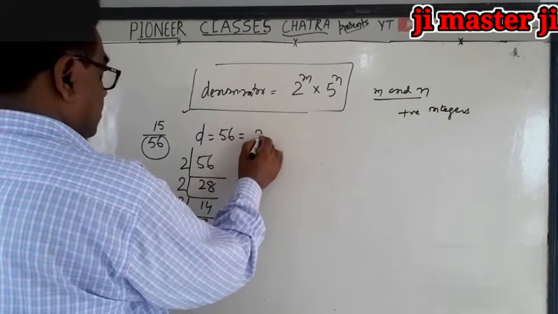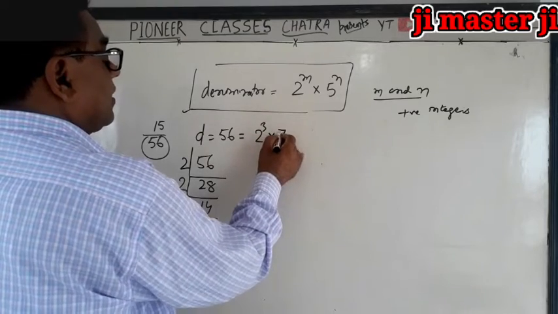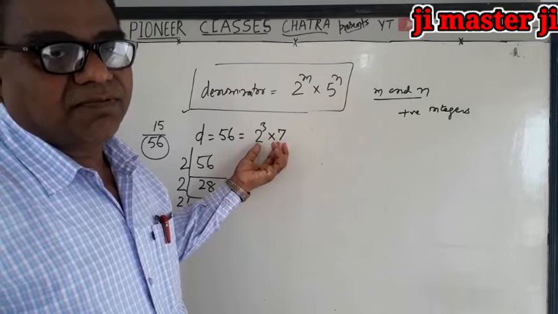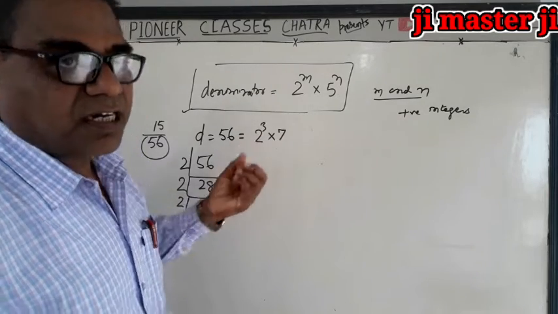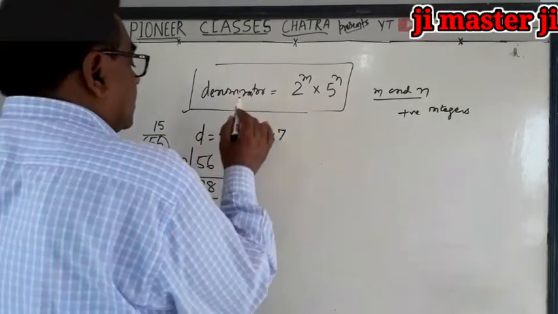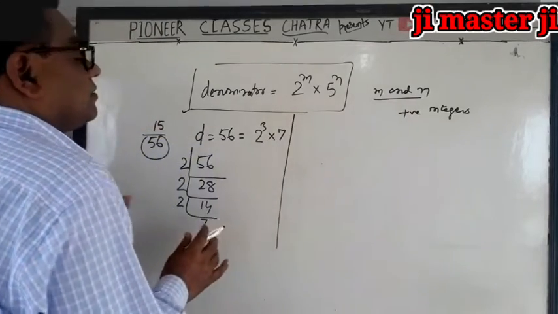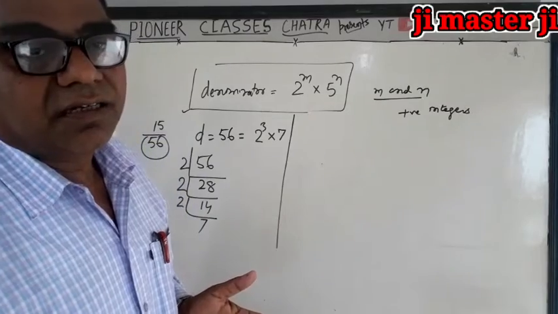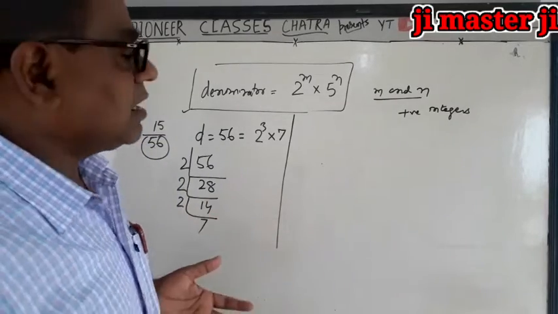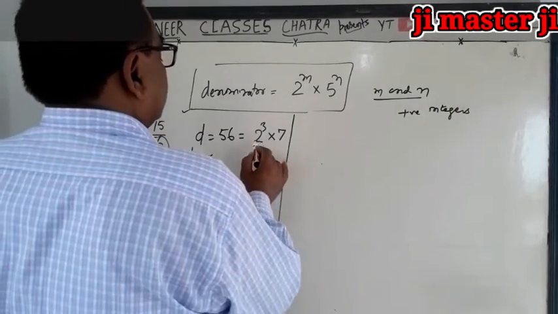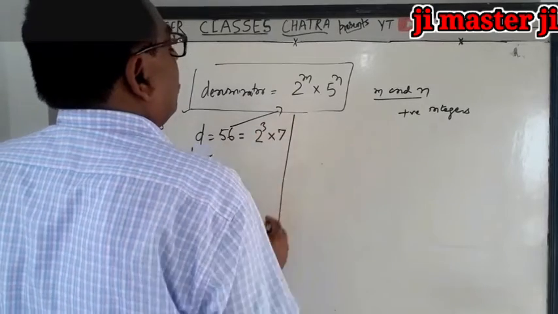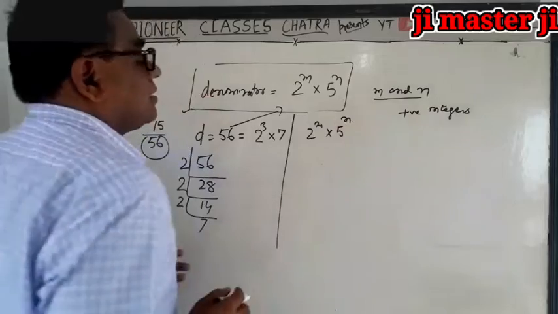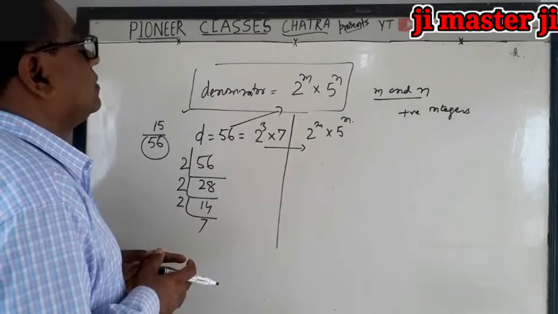So 56 is equal to 2 to the power 3 into 7. The 5, the digit 5, is not present here. So the decimal representation of this number will not be terminating, this will be non-terminating, because this is not of the form 2 to the power m into 5 to the power n.